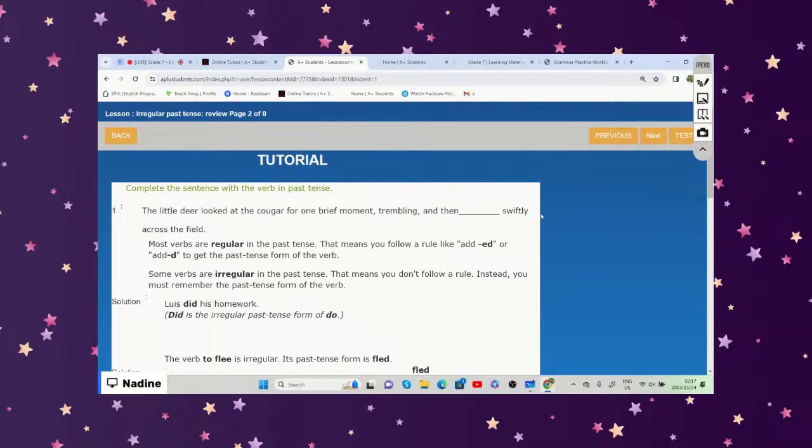So here it also says, the little deer, meaning it's an animal, looked at the cougar for one brief moment, trembling, and then swiftly fled across the field.